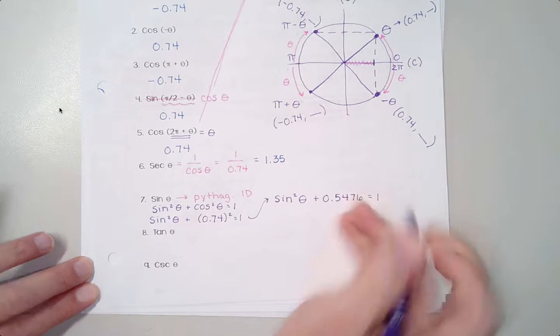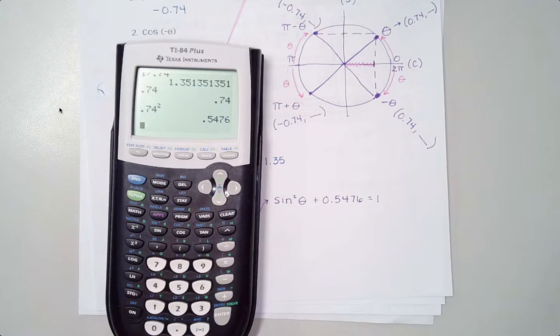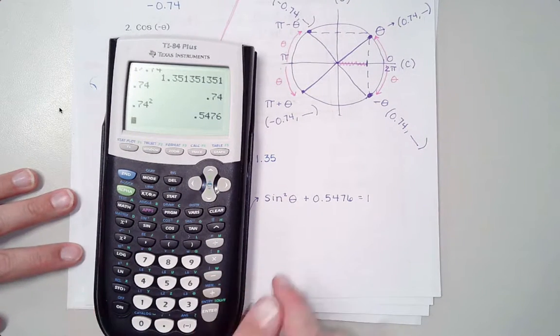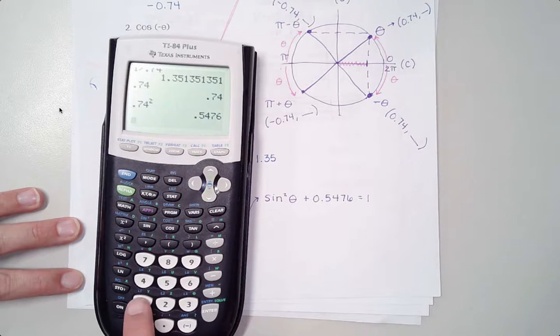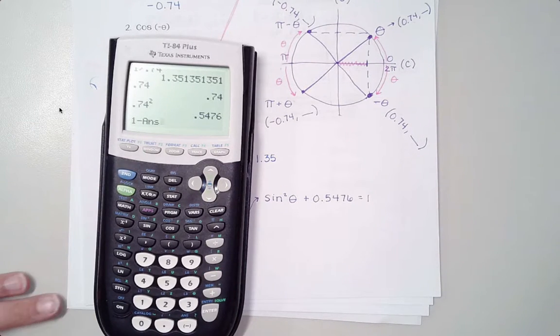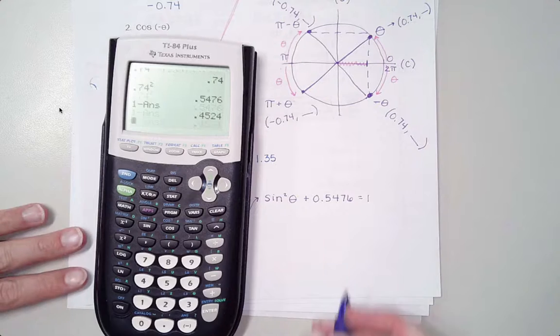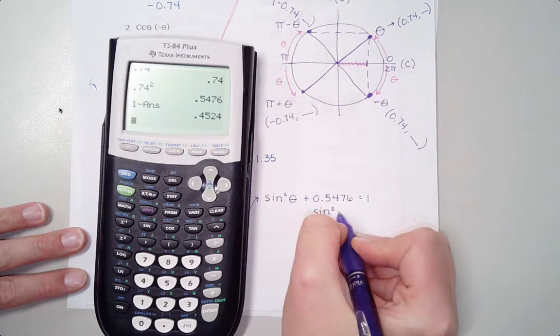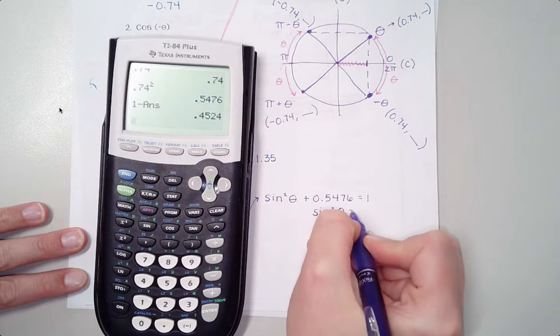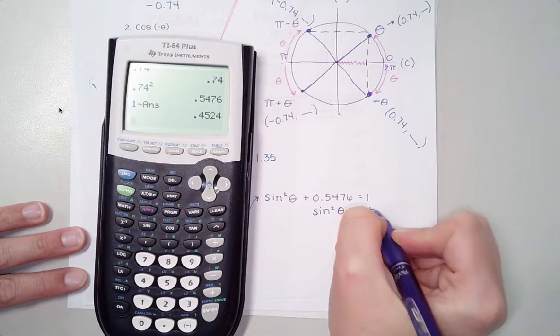equals 1. Guess I should show you what I'm doing here. Okay, so I did 0.74 squared. Next up, I want to subtract that from 1. So I'm going to do 1 minus that 0.5476, and I end up with sine squared of theta equals 0.4524.